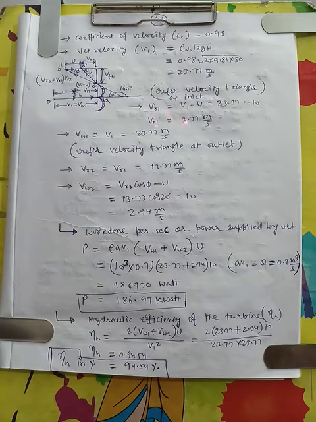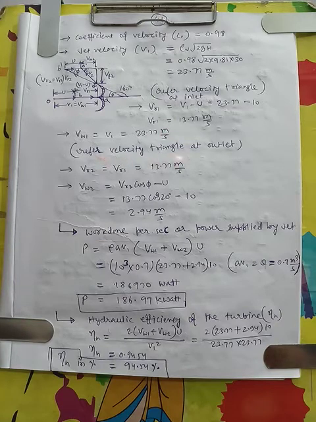So VR1 will be 13.77 meter per second, and VW1, means component of V1 along U. V1 is already along U, so VW1, velocity of whirl at inlet, will be equal to V1, that is 23.77. This also we discussed in the velocity triangle class of the Pelton wheel.